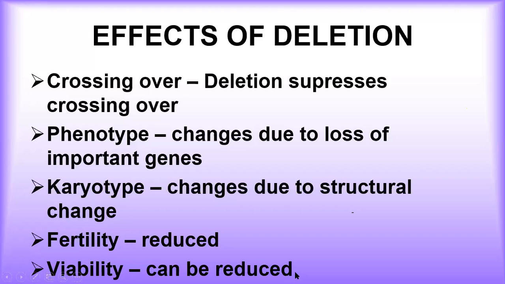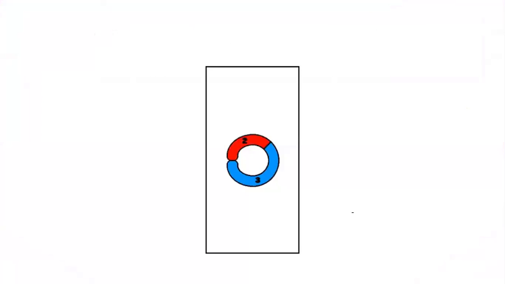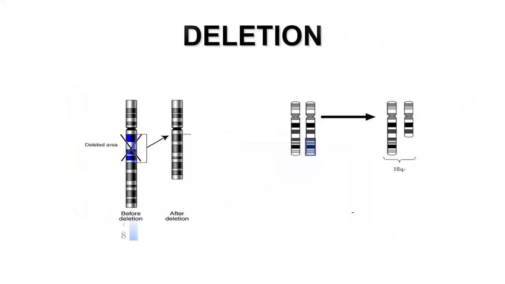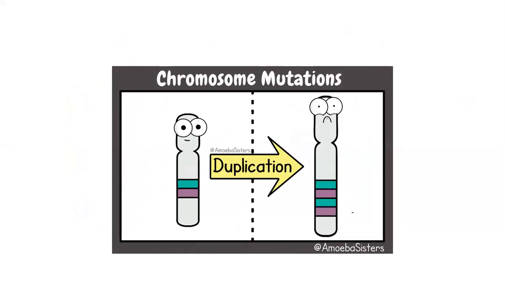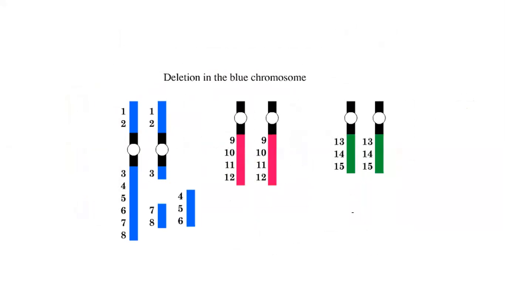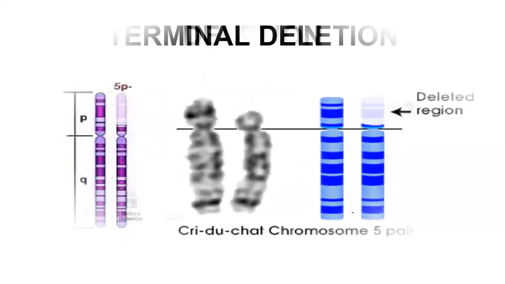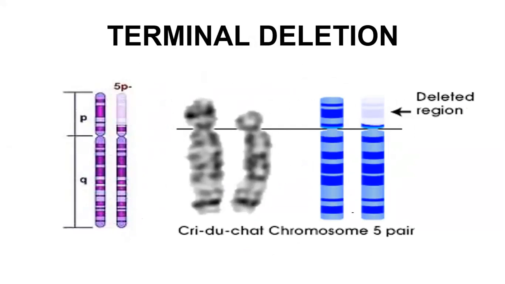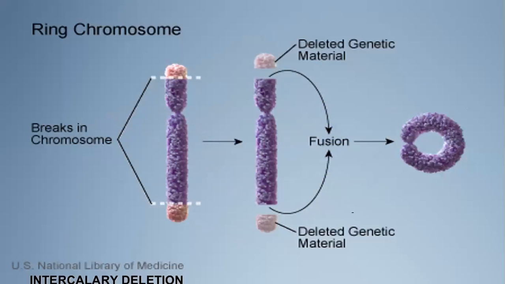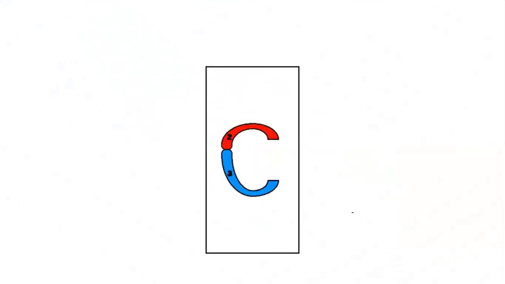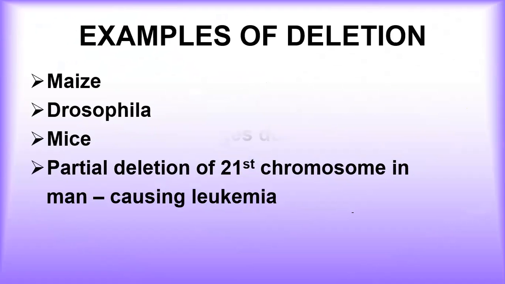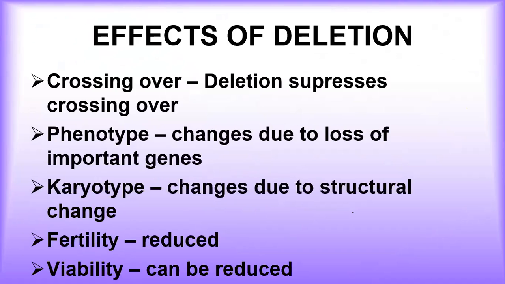Students, with this, we complete the first type of structural intrachromosomal aberrations, that is deletion. I hope it was very clear.